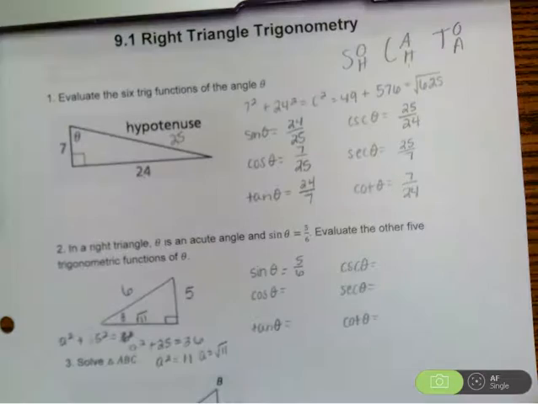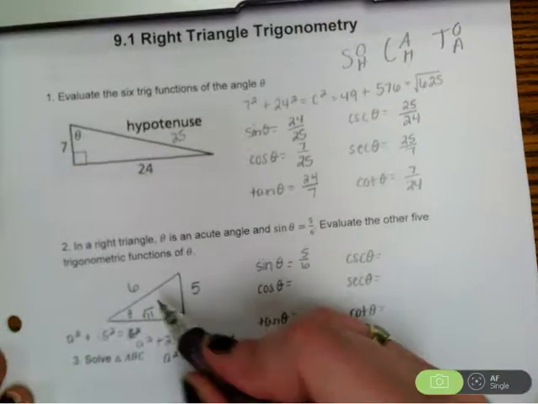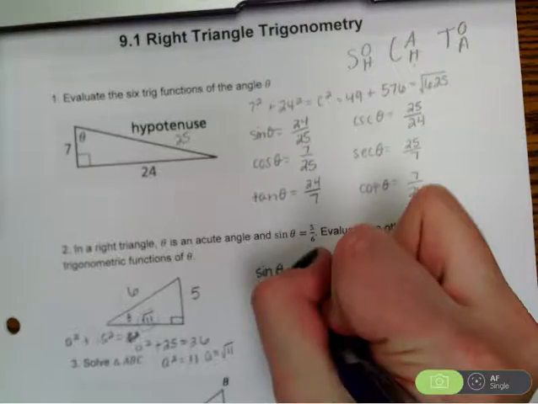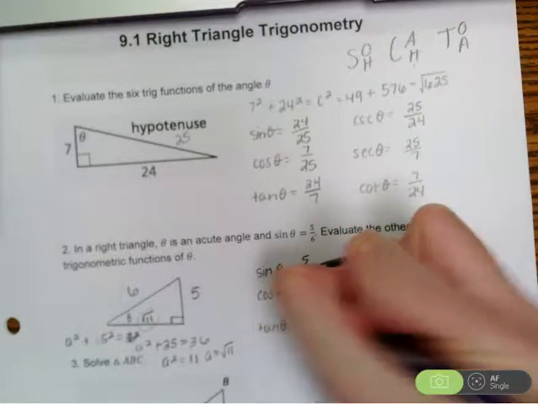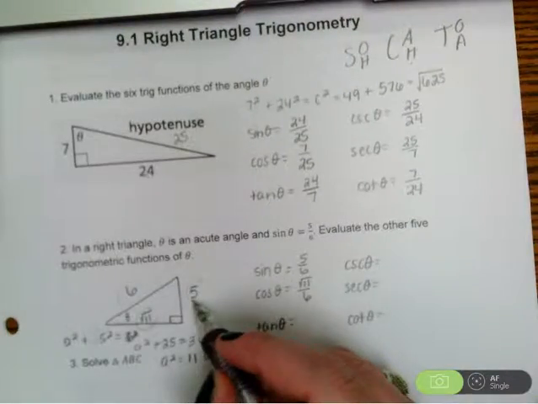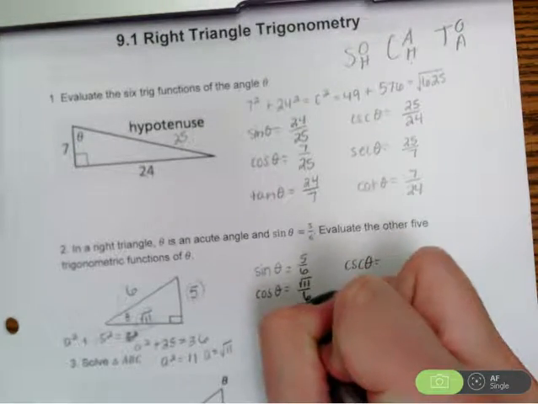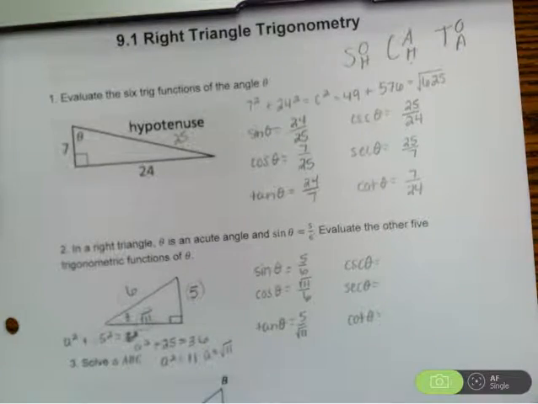That's going to change things when we talk about what our trig functions look like. The cosine is the adjacent over the hypotenuse, so the square root of 11 over 6. And the tangent is the opposite over the adjacent, so that's 5 over the square root of 11. However, we can't have radicals in the denominator.